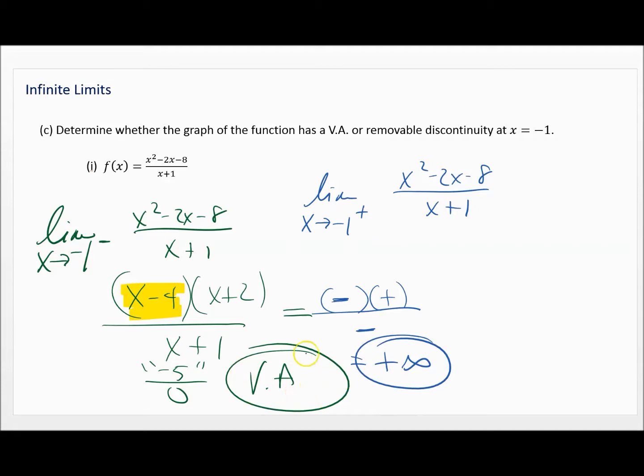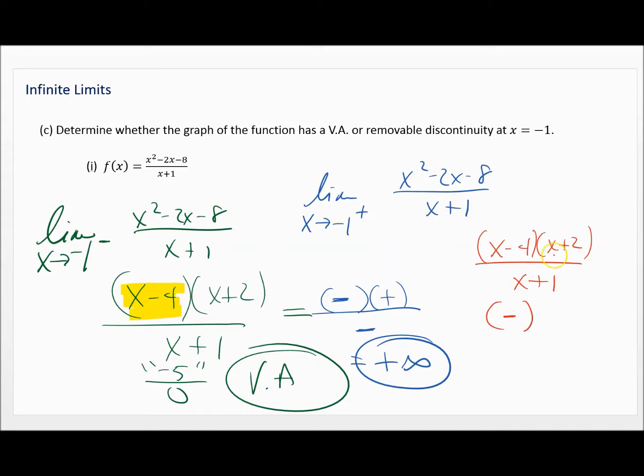It didn't ask that, okay? We just want to talk about the behavior of the graph. And let me solve this one in red. So again, it factors. You don't have to factor it if nothing cancels, but it makes this analysis that I'm doing right here a lot easier. So this time we're using a number a little bigger than -1. Not a lot bigger, just a little. So a little bigger than -1, minus 4 is negative.